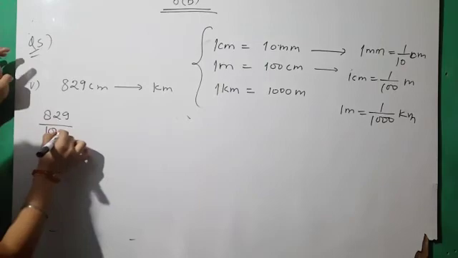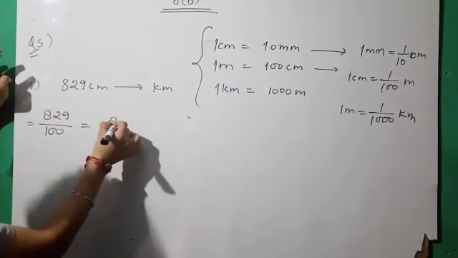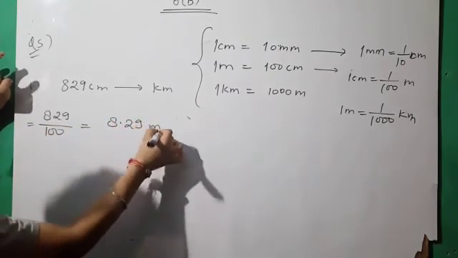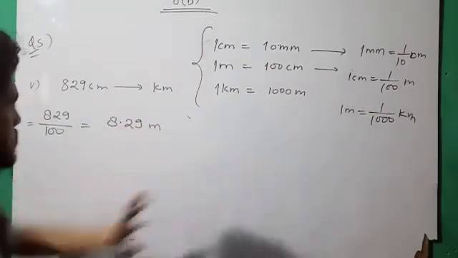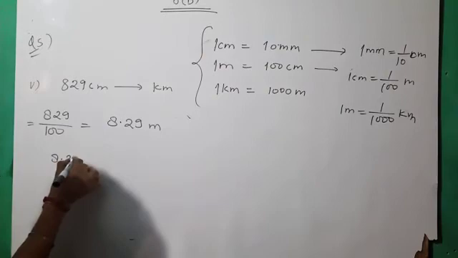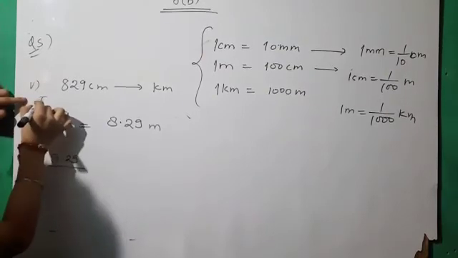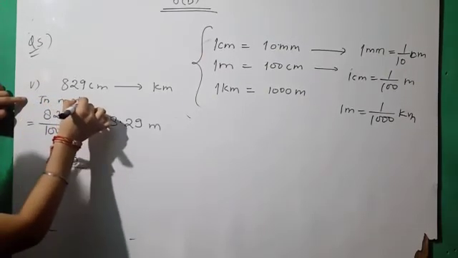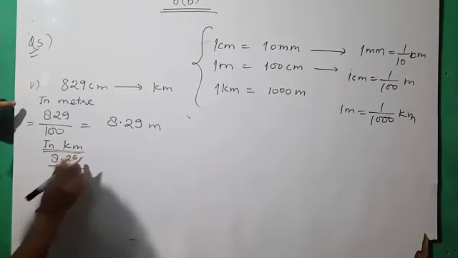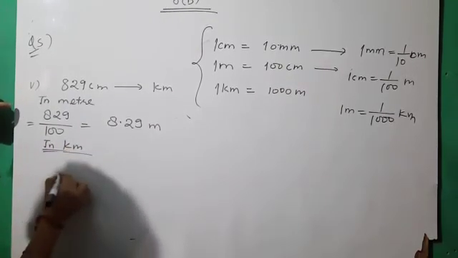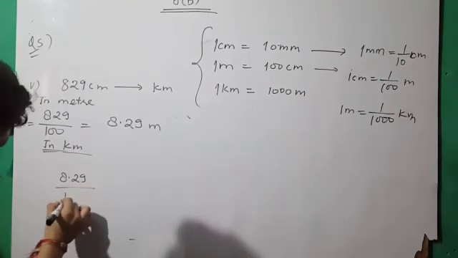If you want to convert this, we have to divide it by 100, so it becomes 8.29 meter. And now we have to convert 8.29 meter into kilometer. For the kilometer value, we have to divide this 8.29 by 1000.